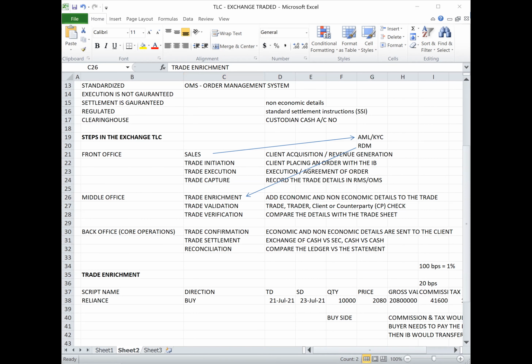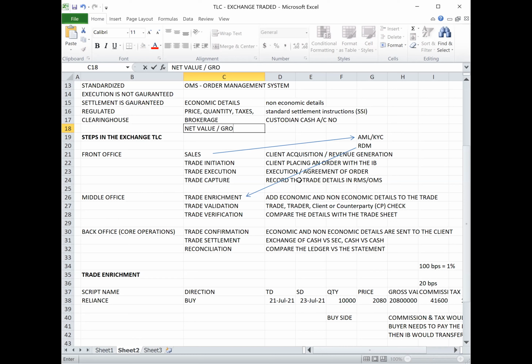So can you again explain the economics? Economic details, okay. What are economic details? Economic details are at what price the share is bought or sold, what was the quantity, what will be the taxes that need to be paid to the government, what will be the brokerage charged by the broker, what is the net value of trade, what is the gross value of trade.